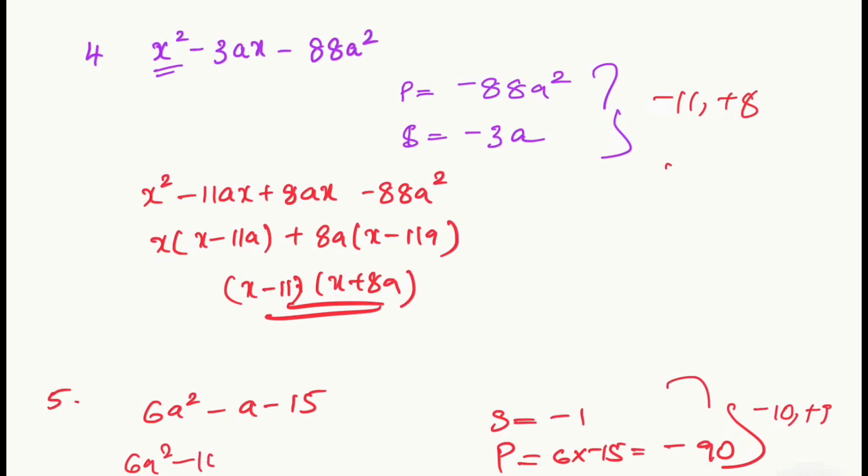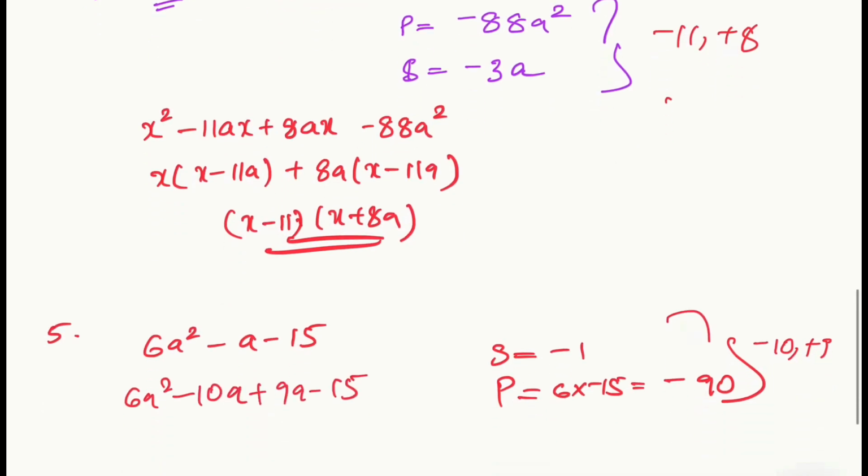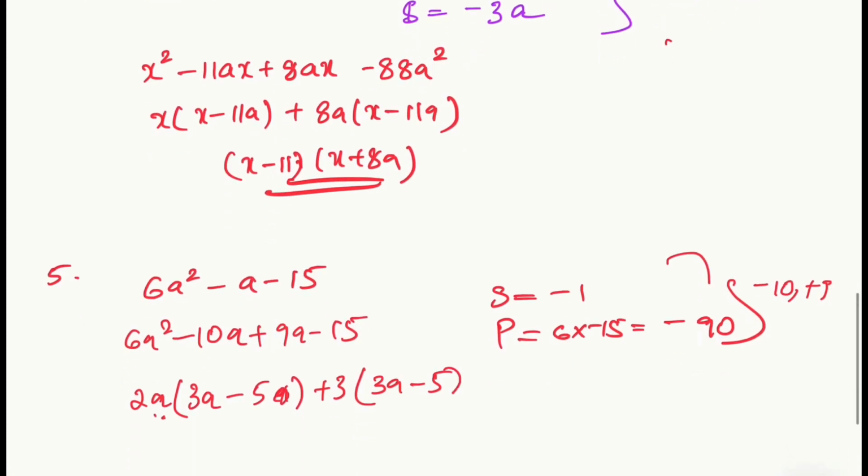So what do I get? 6a square minus 10a plus 9a minus 15. What is common here? I can take 2a, so 3a minus 5. Similarly here I can take 3, so 3a minus 5. So we get 3a minus 5 into 2a plus 3.